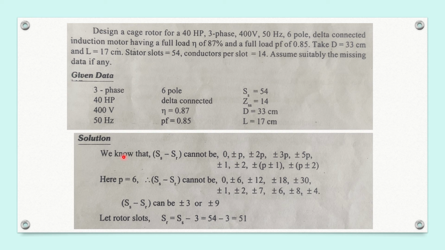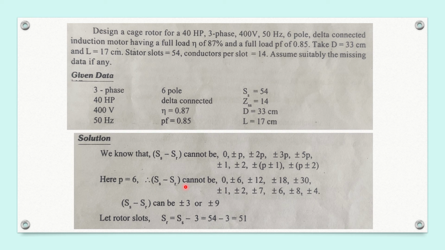By that we know that the difference between stator slots and rotor slots cannot be equal to 0, plus or minus p, plus or minus 2p, plus or minus 3p, plus or minus 5p, plus or minus 1, plus or minus 2, plus or minus p plus or minus 1, and plus or minus p plus or minus 2. Here we have the value of p, the number of poles, 6. So substitute the value of 6.